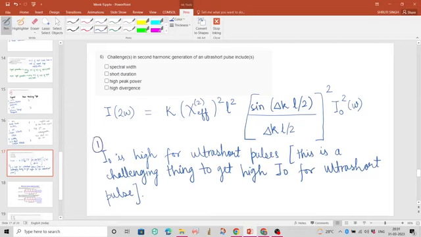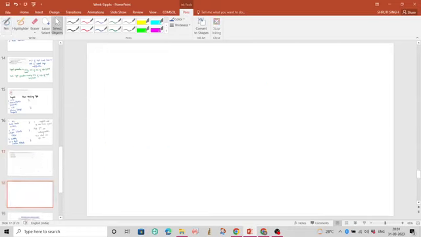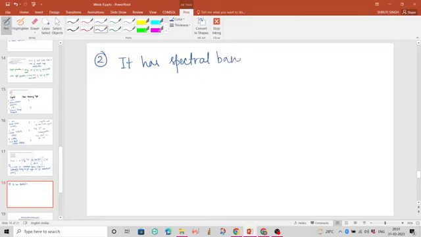Next is, it has spectral bandwidth. Spectral bandwidth means it is something like this.